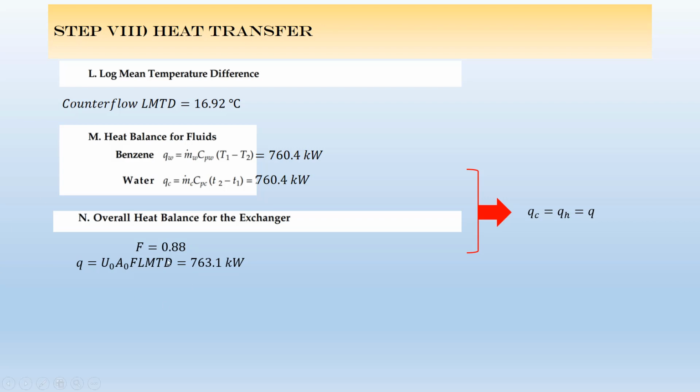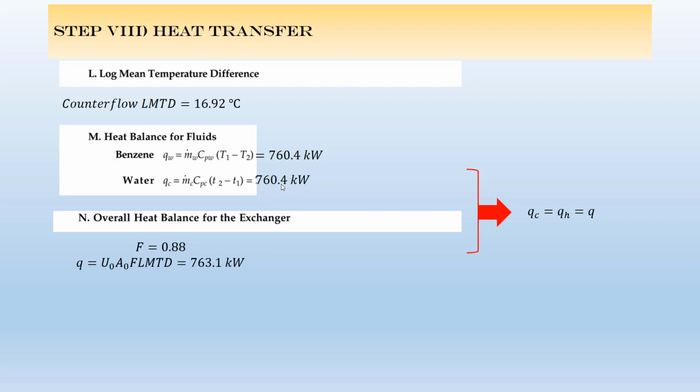Again, probably this value for the F is not accurate, and this is why Q is a little bit different from this QW and QC, but it's not a big deal because the difference is less than 1%. Okay, so this is good. You have a green light in this part. QC equals QW equals Q.